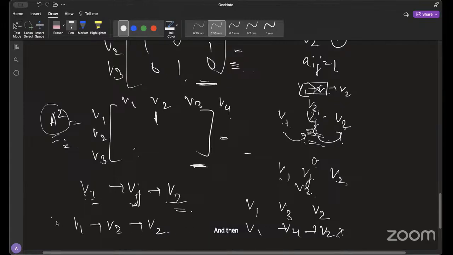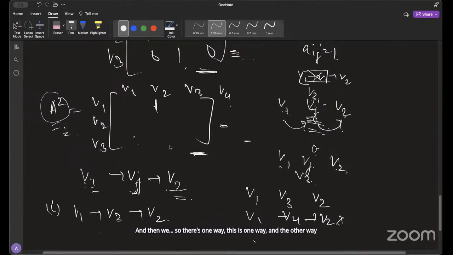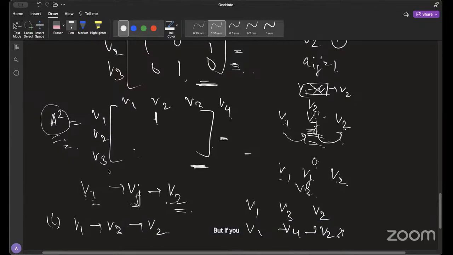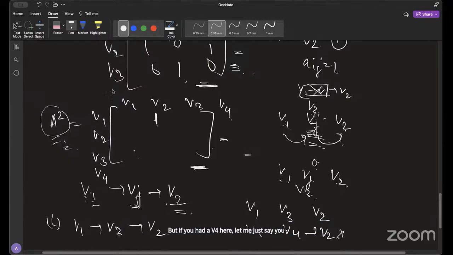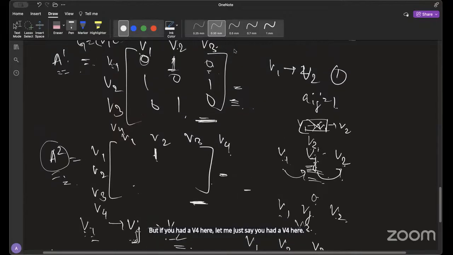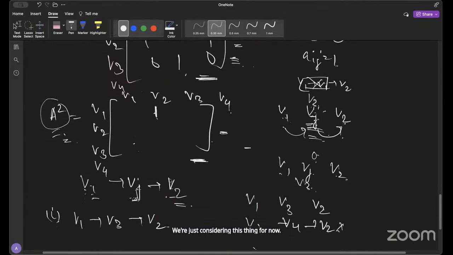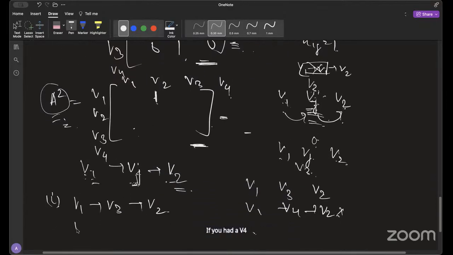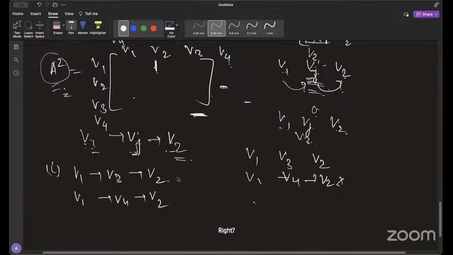That is the only way. But if you had a V4 here, we're just considering this for now, then you would have another possibility, from V1 to V4 and then to V2 again. So you would have these two possibilities.